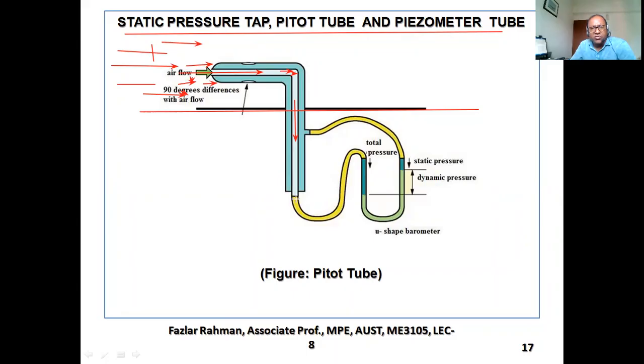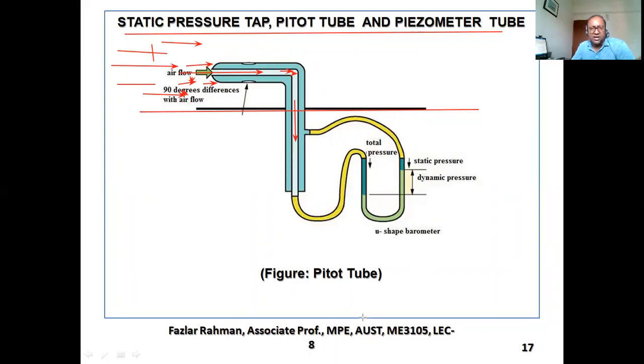So if we attach a tube through a hole, you will see there is a manometric pressure difference. From that pressure difference, you can measure the velocity. Also, you can measure the stagnation pressure of the fluid.